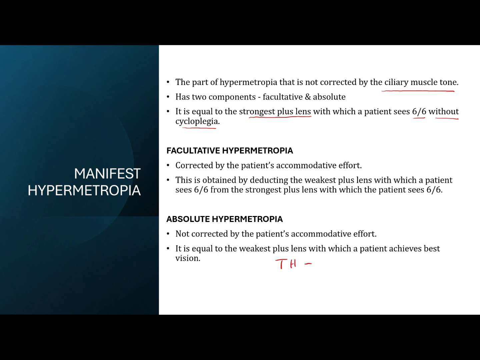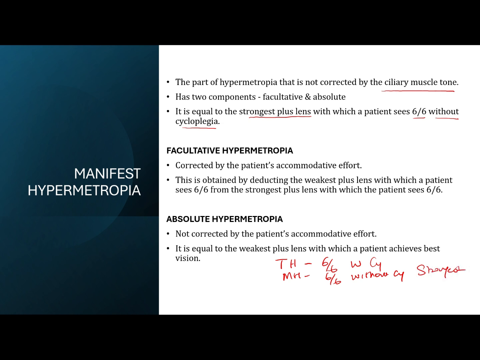Total hypermetropia, what is that? It is the lens with which a patient sees 6/6 with cycloplegia, and manifest hypermetropia is the strongest lens with which a patient sees 6/6 without cycloplegia. Without cycloplegia, strongest lens. Okay.